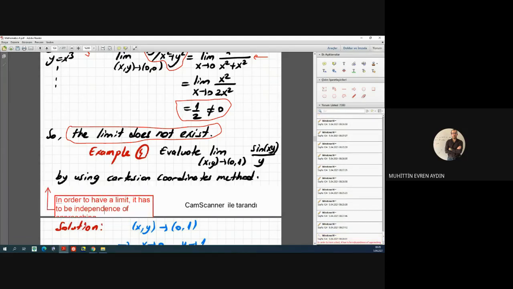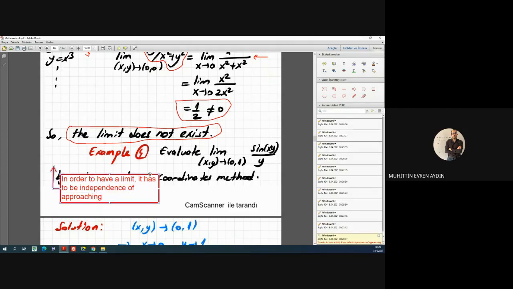But by the Cartesian coordinates, it is not possible to check it because there are infinitely many ways.